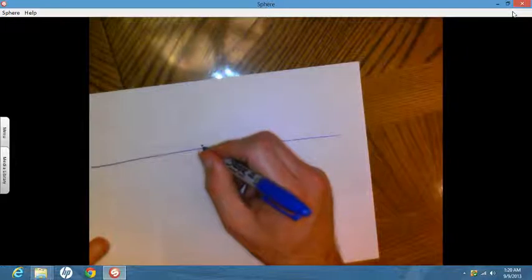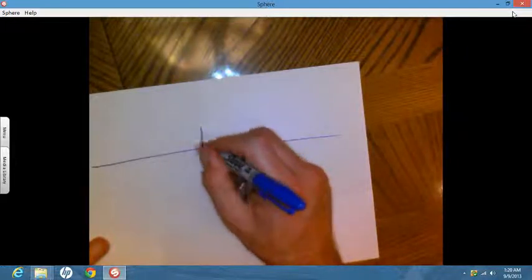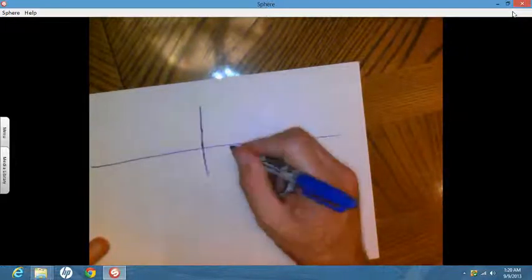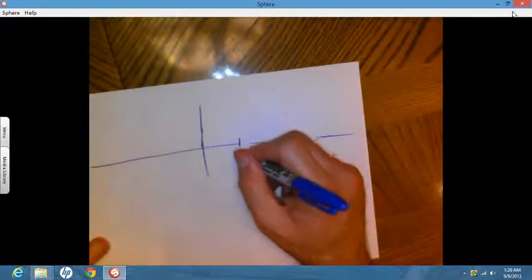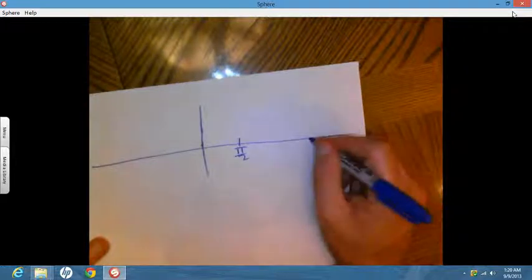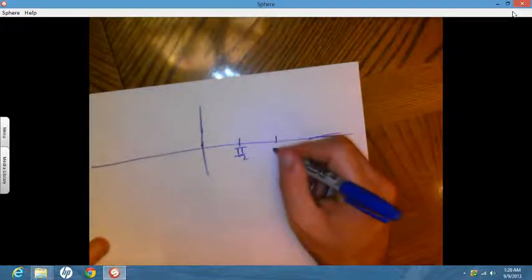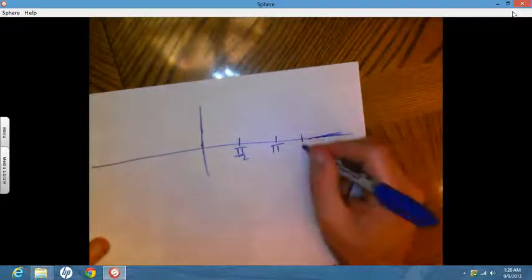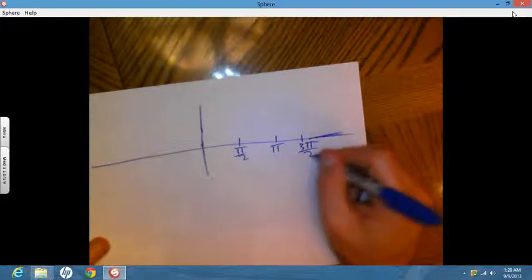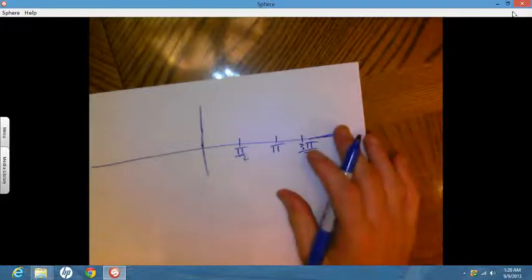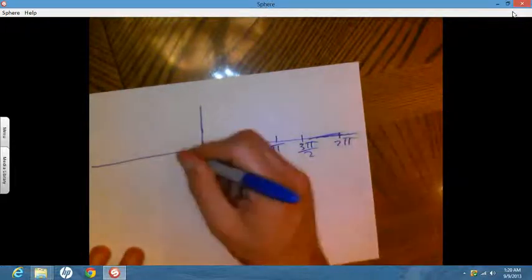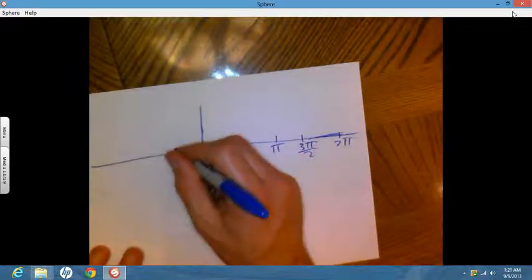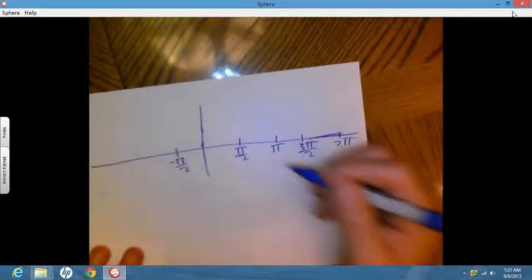So we'll do pi over 2, and we'll do pi, and we'll do 3 pi over 2. And then we'll put a 2 pi over here like so. And we go the other direction, we'll do negative pi over 2, negative pi, negative 3 pi over 2, and negative 2 pi, right?